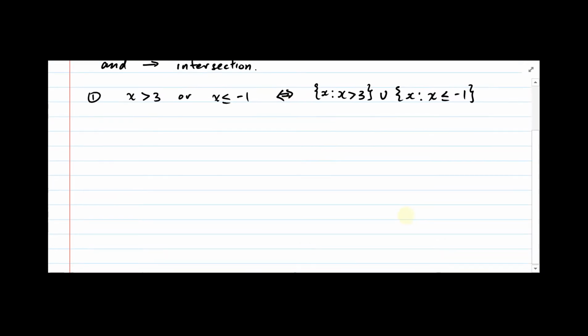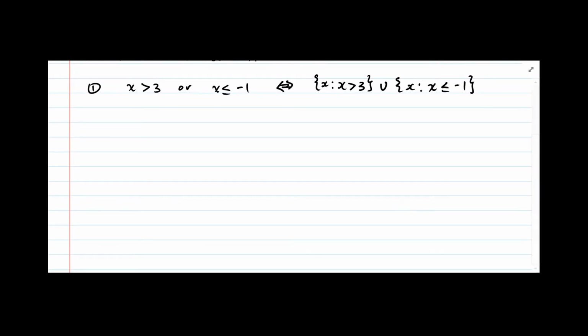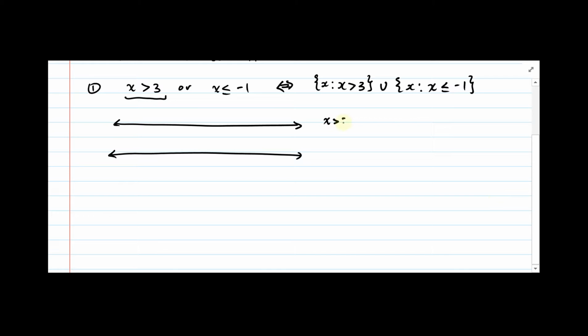Let's take each of these inequalities and graph them. We'll just draw a couple of number lines and see what they look like individually. The first one, x is greater than 3. The second one, x is less than or equal to -1. And then the third one will be that combined "or".